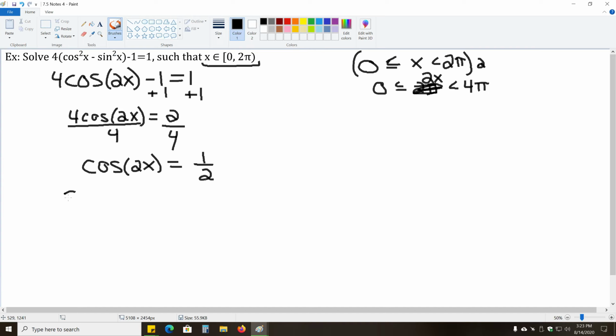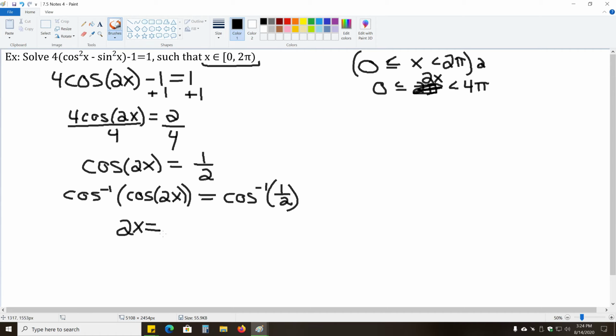And then we can finally take cosine inverse of each side of the equation, like so. Which gives us 2x equals cosine inverse of 1/2.